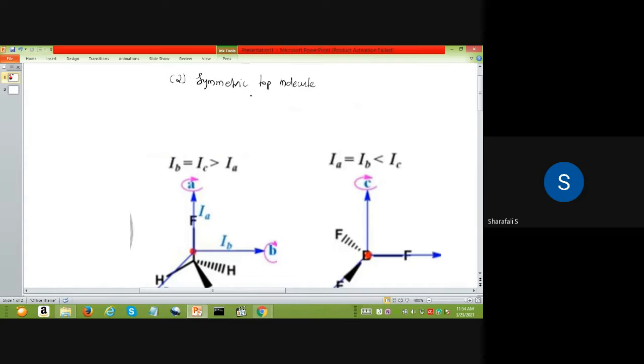One is called prolate, and the second one is called oblate.